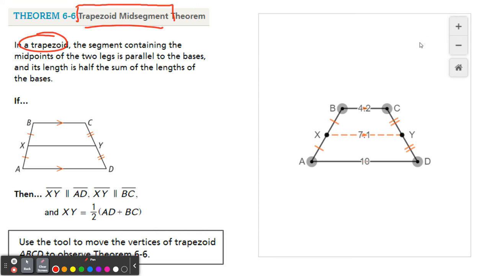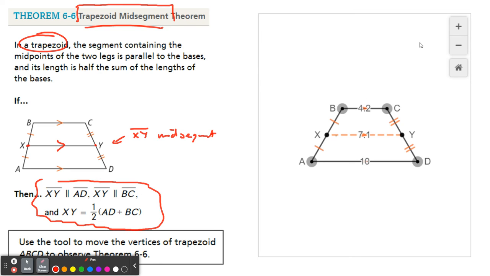So in this picture here, because of these congruent markings, x and y are midpoints. So segment xy is called a midsegment. Again, it's a segment joining two midpoints, midsegment. What it says here is that it's also going to be parallel to those bases, and its length is half the sum of the two bases.